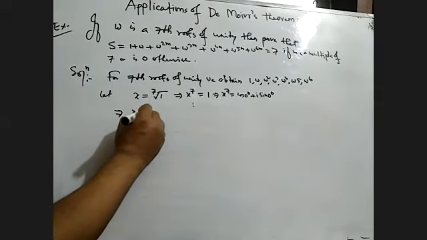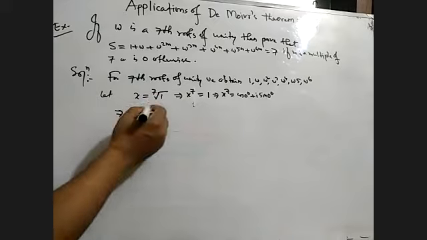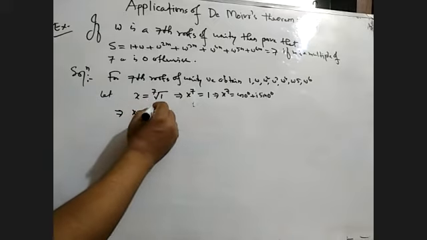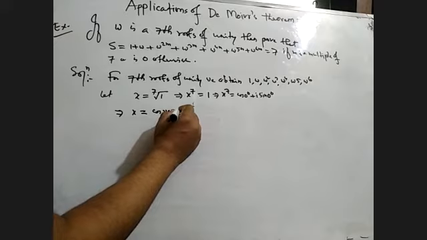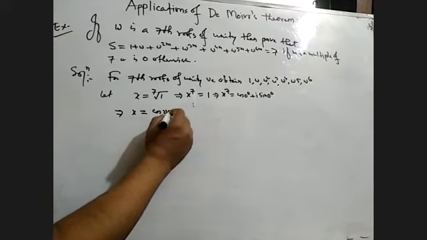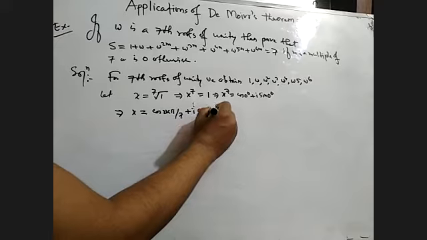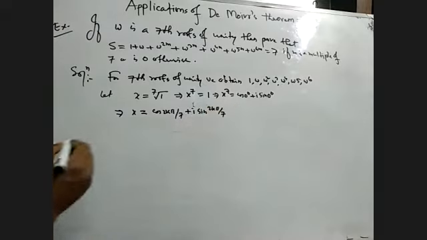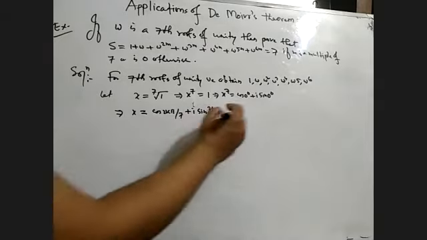So x can be written as cos twice k pi by 7 plus i sine twice k pi by 7. This is the standard form.